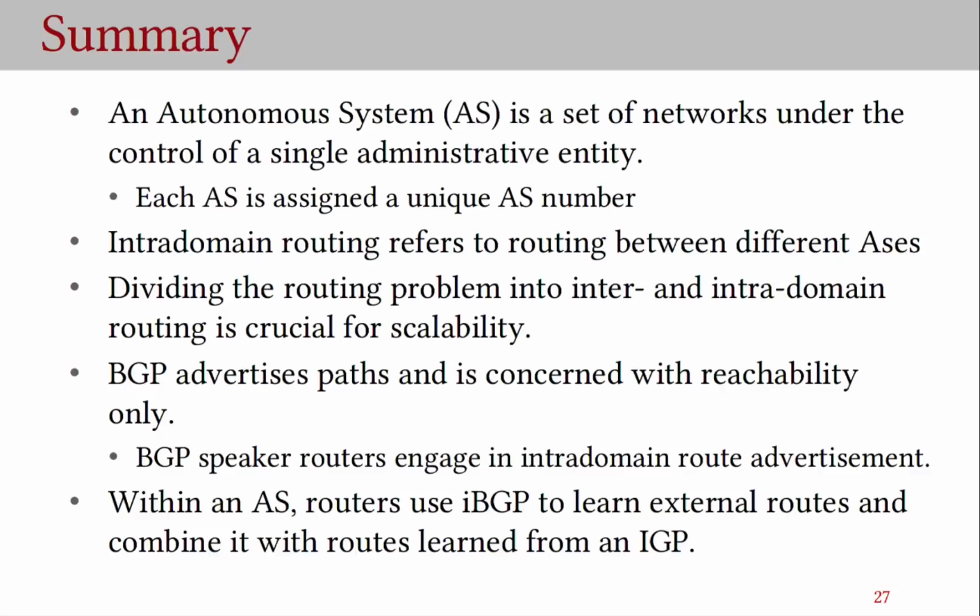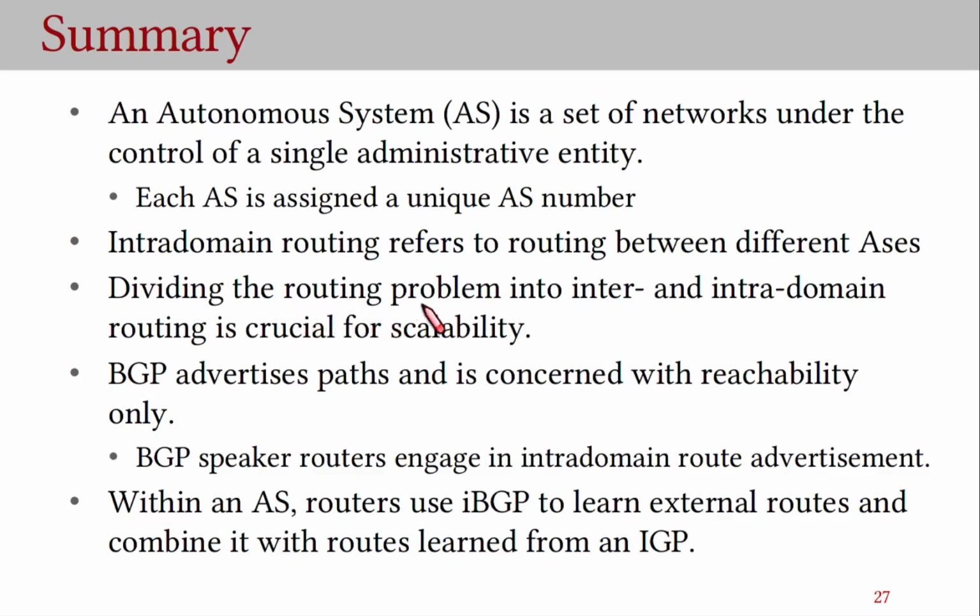We saw that the internet is arranged as a set of autonomous systems, where an autonomous system is a set of networks under the control of a single administrative entity. And we also learned that each autonomous system is assigned a unique autonomous system number. Interdomain routing is a term that refers to routing between different autonomous systems.